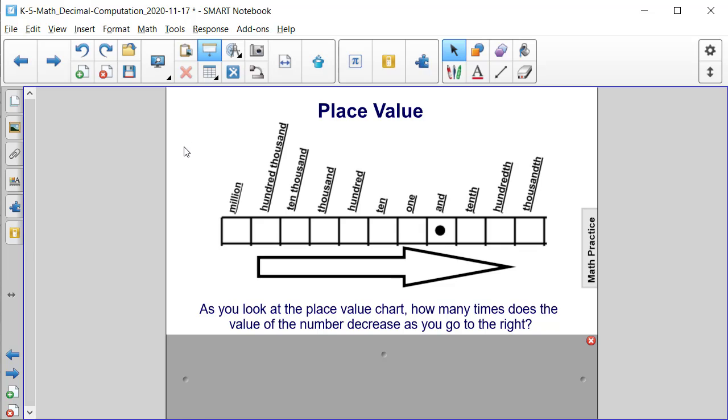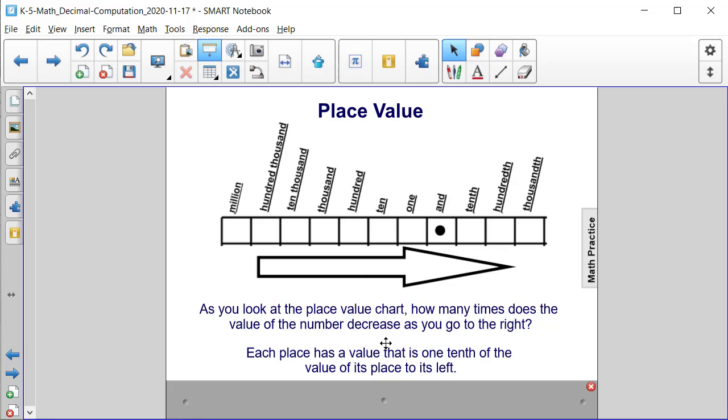As you look at the place value chart, how many times does the value of the number decrease as you move from left to right? If we need to, we can think of the money scenario that we had talked about prior. If we had one $100 bill and then a $10 bill, how did its value decrease? It actually became 1/10th of its value.